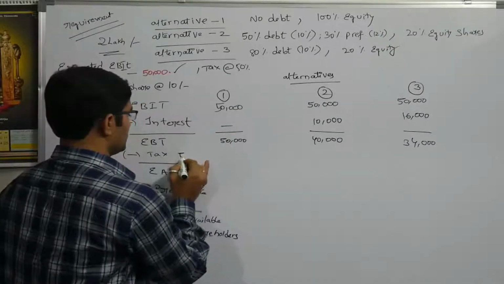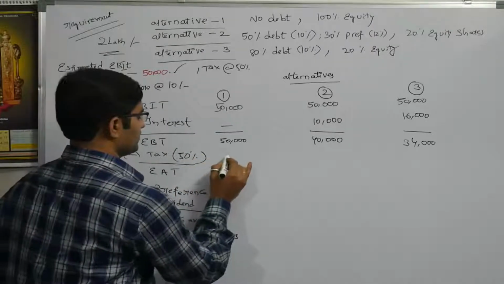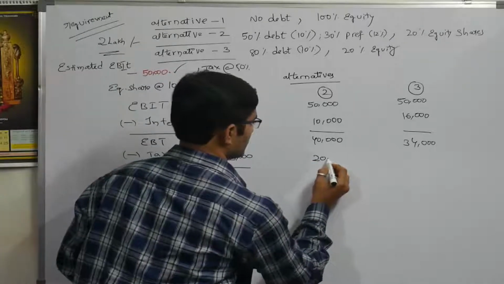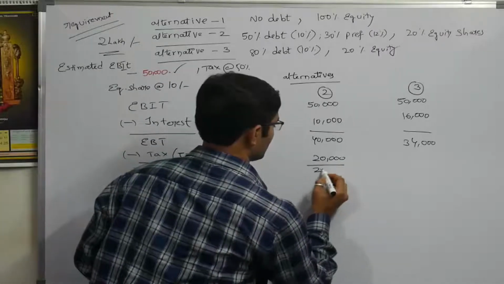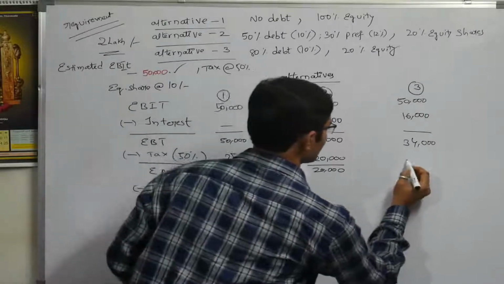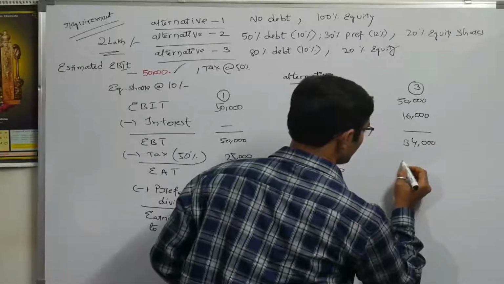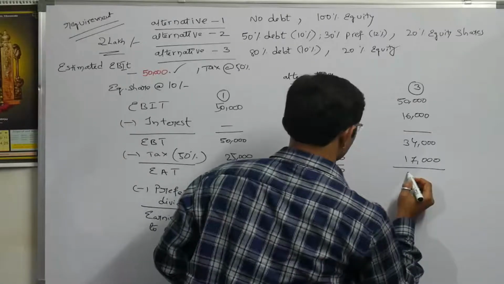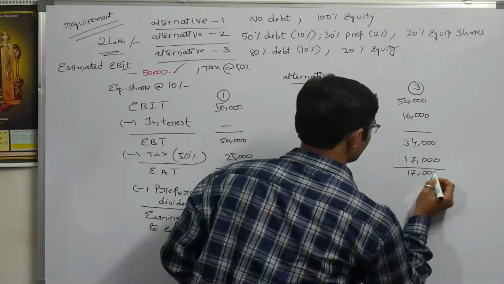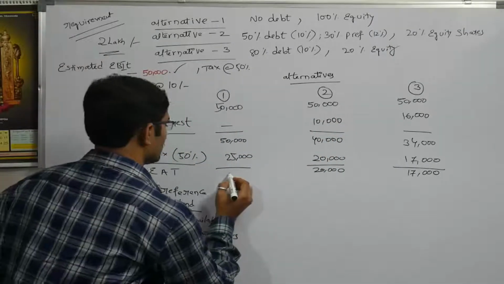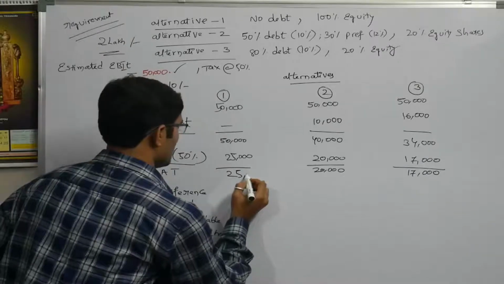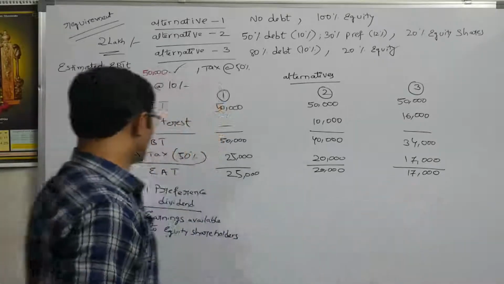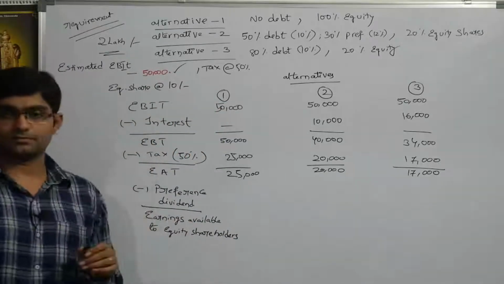So now earnings after tax is 25,000, 20,000 and 17,000. Next one is preference dividend.